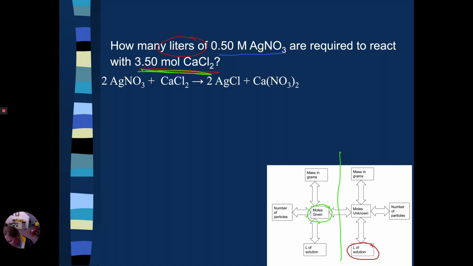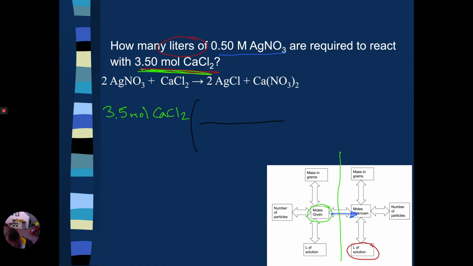Okay, change that to green. So we have 3.5 moles of calcium chloride. Excuse my handwriting on this, but hopefully you can read it. And then the first step is I'm going from moles to moles. Notice I've done that as a blue arrow, so that's my next step.